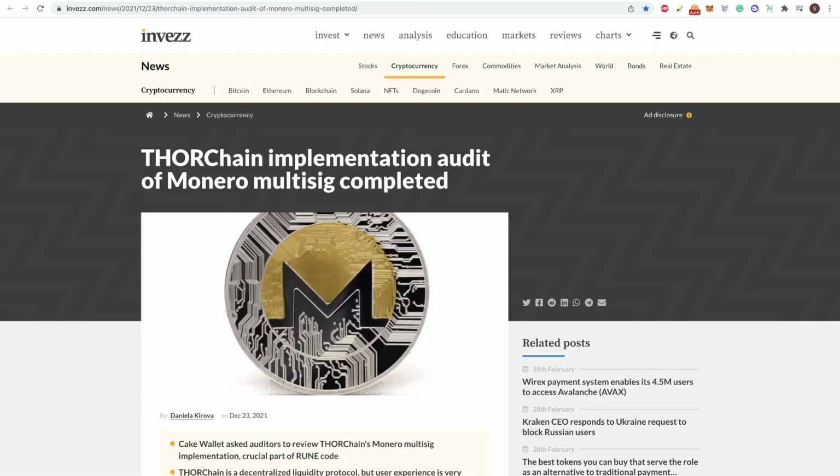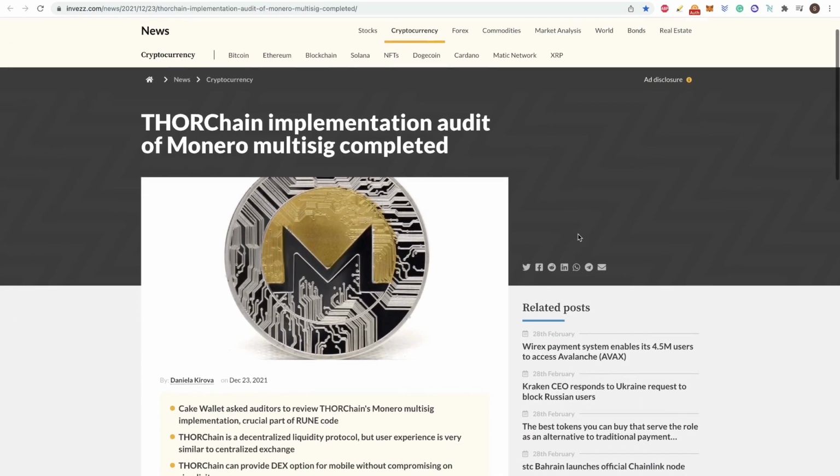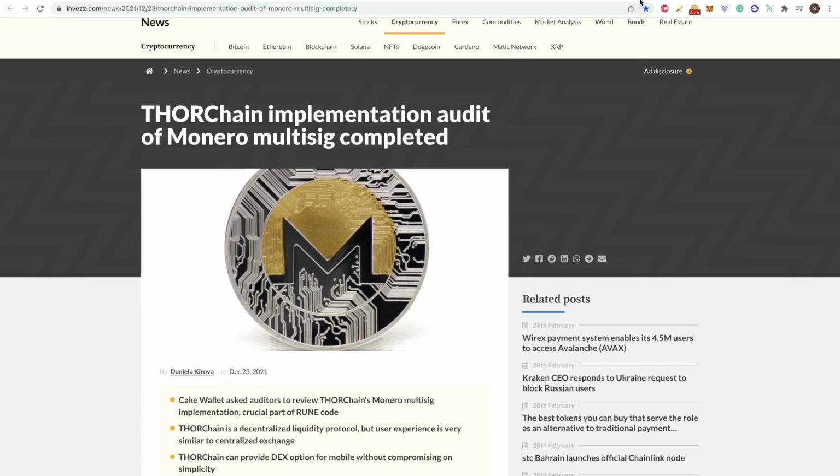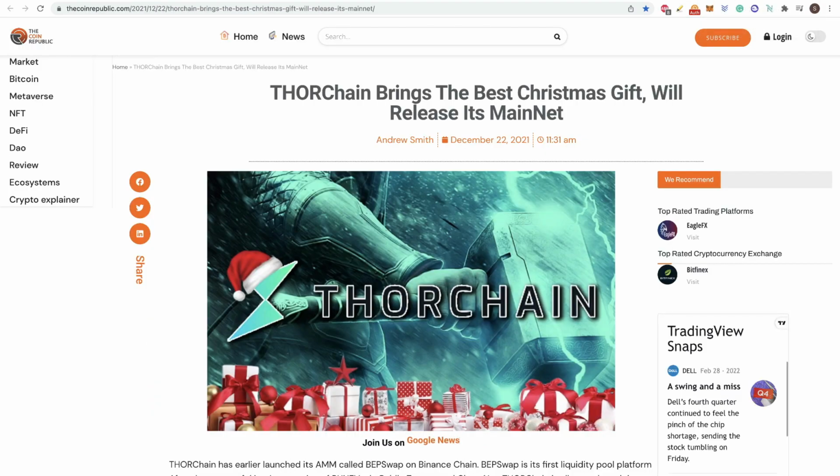Actually, when I tried to look for news, I found the implementation audit of Monero on ThorChain, and this was in December 2021. And from 2022, January 19, it was the last news that ThorChain brings DeFi yields and swap to Doge. So this was one other integration. But besides that, there is not much news about this.